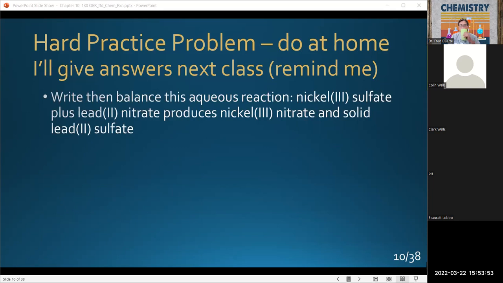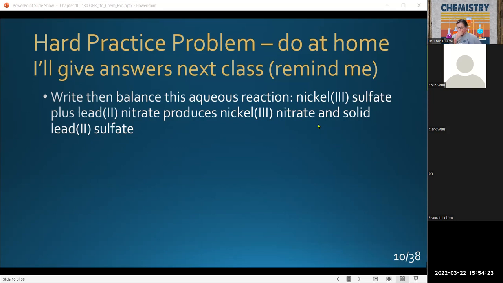Okay, now this one definitely looks complicated, but you know what? As with any complicated issue that you may come across, when you break it down into its pieces, you're going to find out it's not as complicated as you might first think. Okay, and so this actually is an example of the third type of reaction.